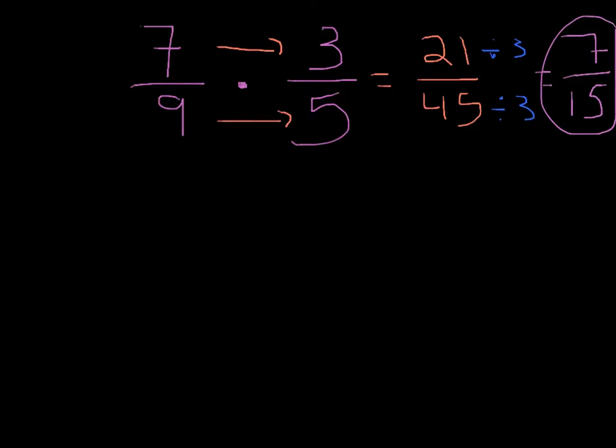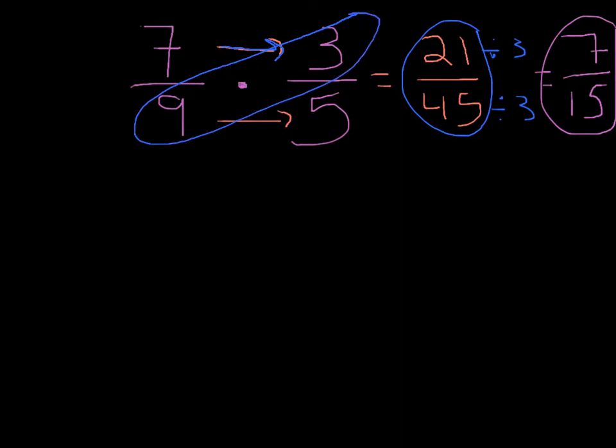So what we just did is we multiplied straight across, and then at the end we simplified. There's a way that you can simplify before. If you look at your diagonals, can you simplify 3 over 9? And you can. We can't simplify 7 and 5, so I'm going to rewrite 7 and 5 where they're at.